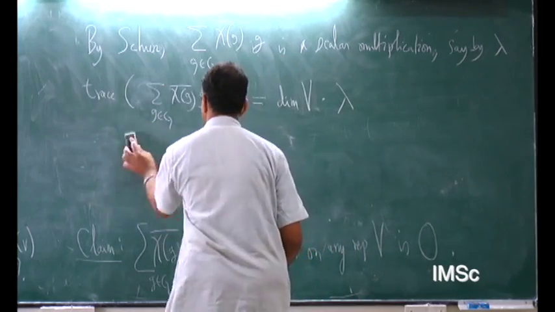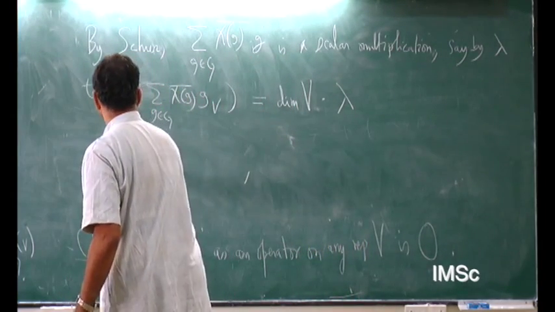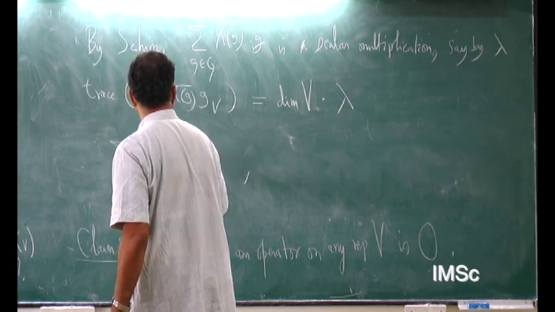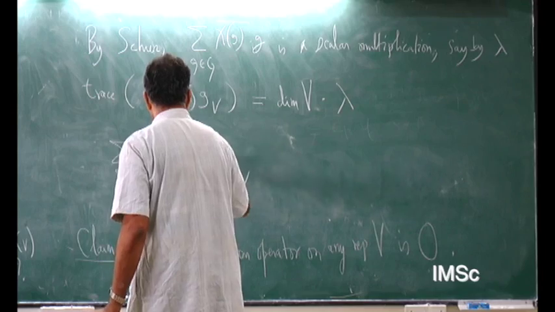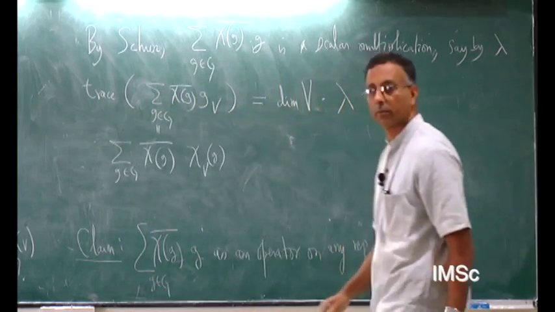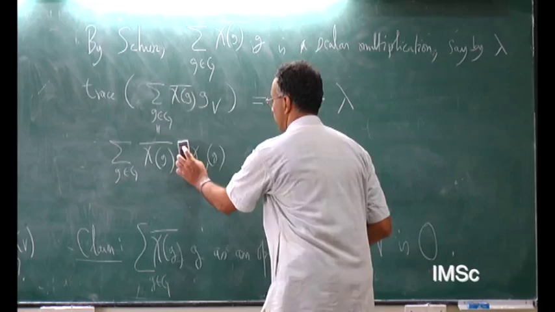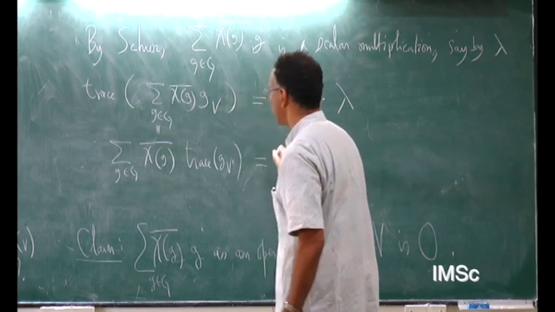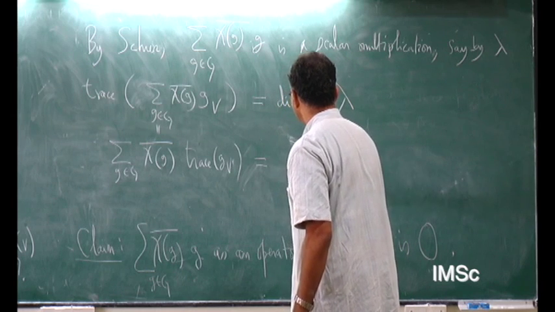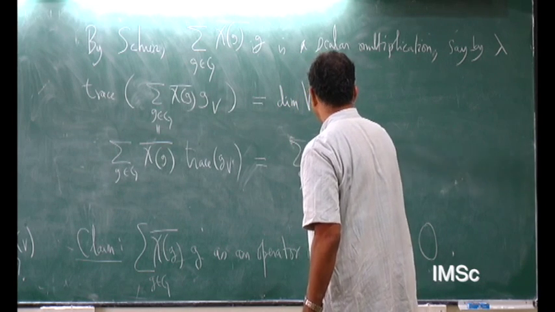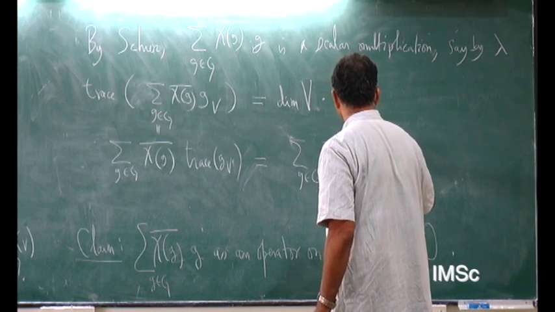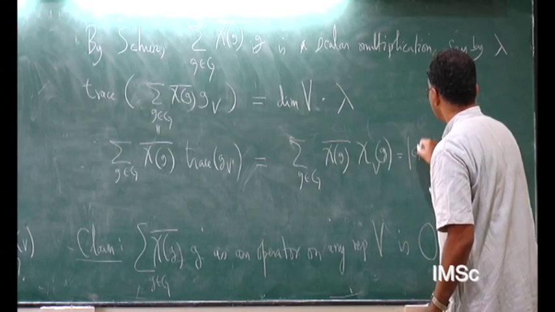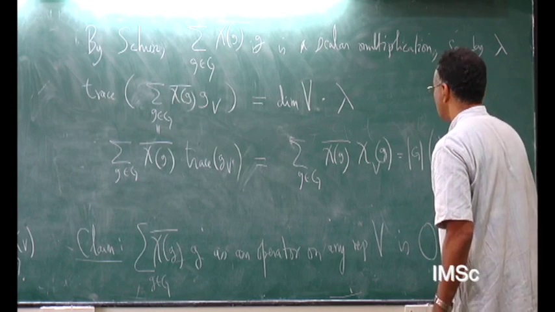So, let me write one more trace. This trace I can write as the sum over g in G of chi(g) bar times chi_V(g). Now that is equal to |G| times 1 over |G|, multiply and divide by 1 over |G|, and then write this.